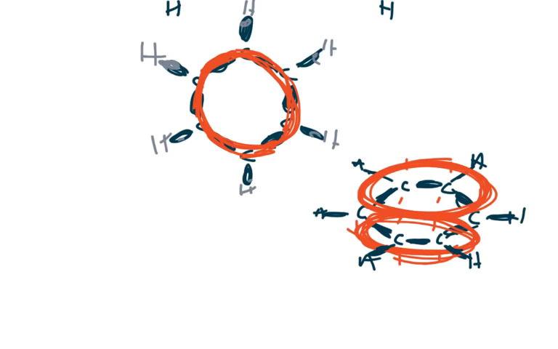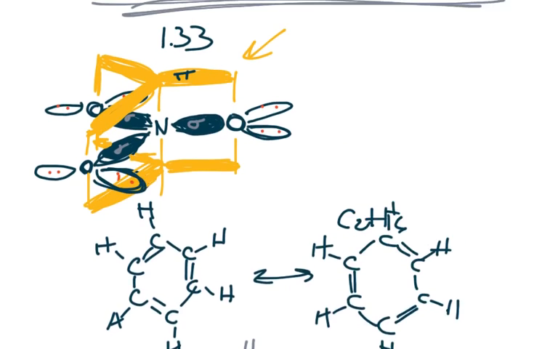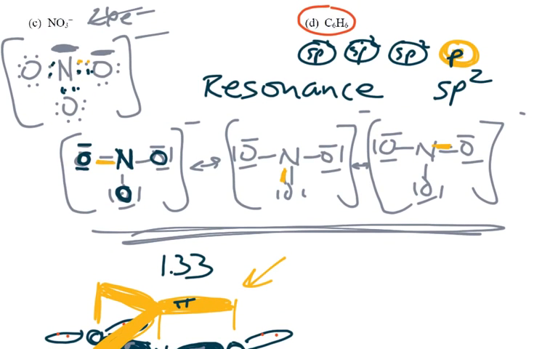So I think we'll be able to see that one. I think that looks pretty good. So that ring of electrons is above and below the plane of the molecule, and that makes it very stable because the electrons are delocalized around there. So that is using hybridization to show what's happening.